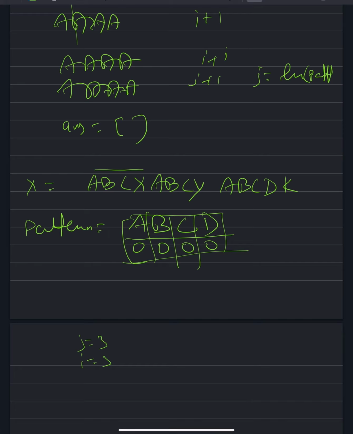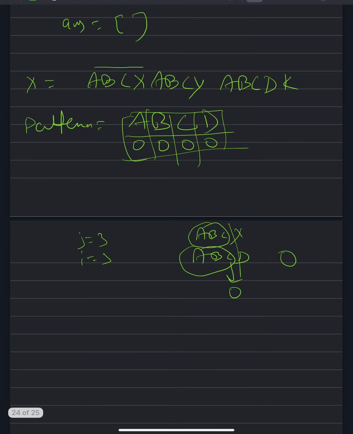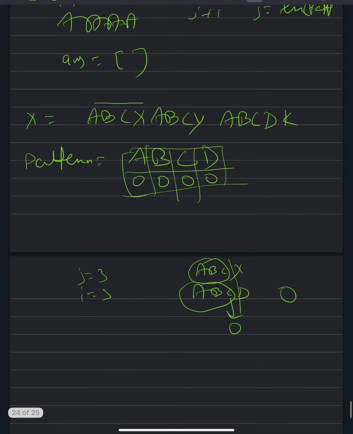A, B, C, X against A, B, C, D, it is not matching. Then we check the LPS of this one, which is 0. That is what is stored here.